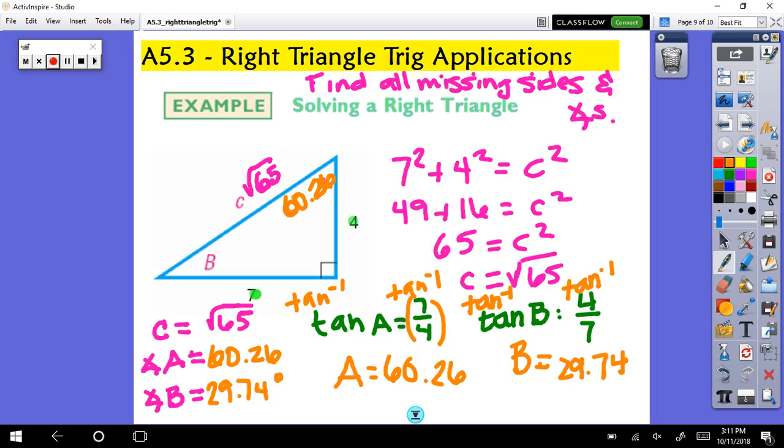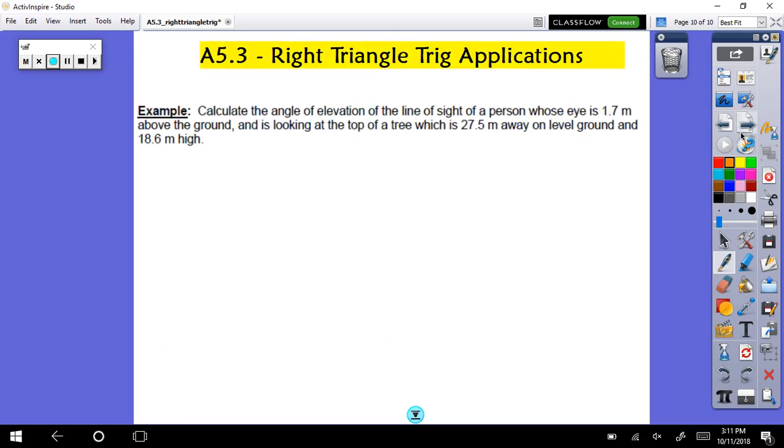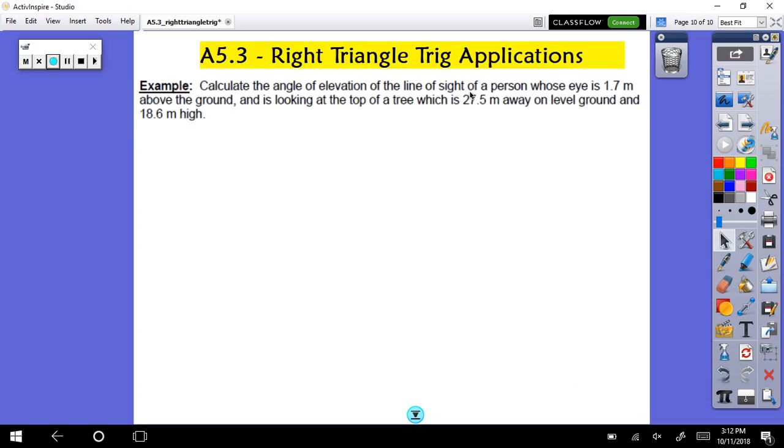All right, the last problem we're going to try is an angle of elevation or depression problem. Don't make fun of my drawing when I draw our picture for this one. We are going to calculate the angle of elevation of the line of sight of a person whose eye is 1.7 meters above the ground. So I'm going to draw our person.